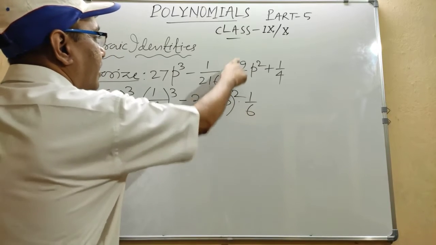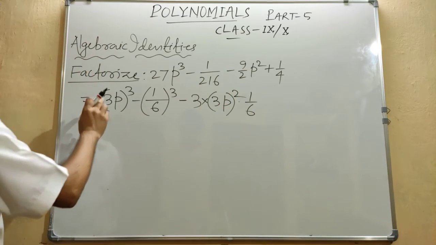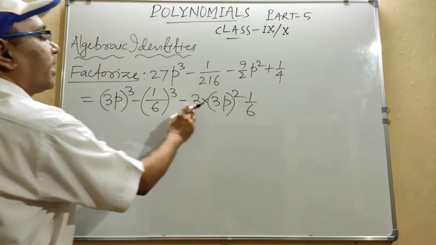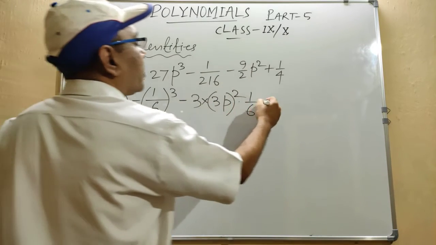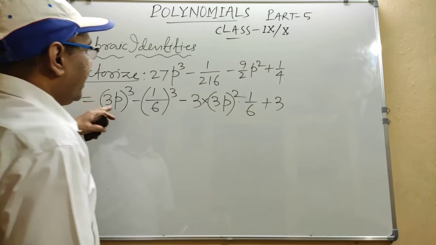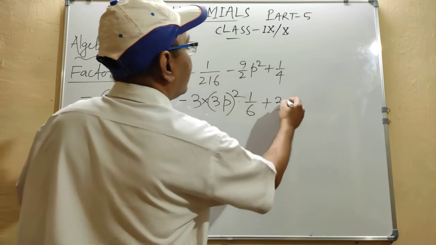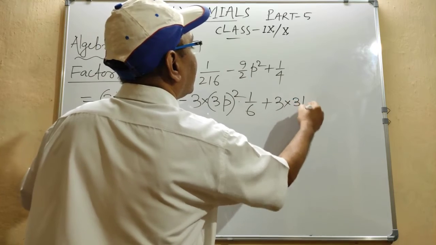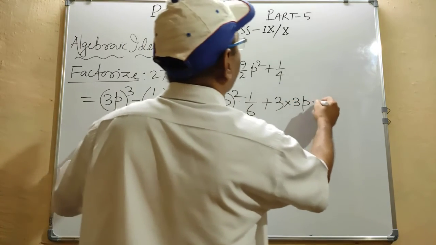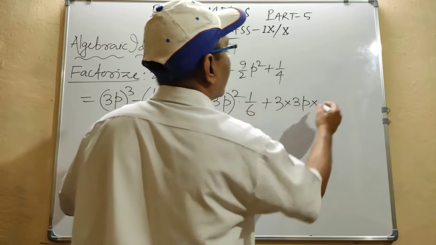So this is same as minus 9 by 2 p square. So it is in the form a cube minus b cube minus 3a square b. Then what is required? 3ab square. 3a, a means 3p, and b square, b square means 1 by 6 square.